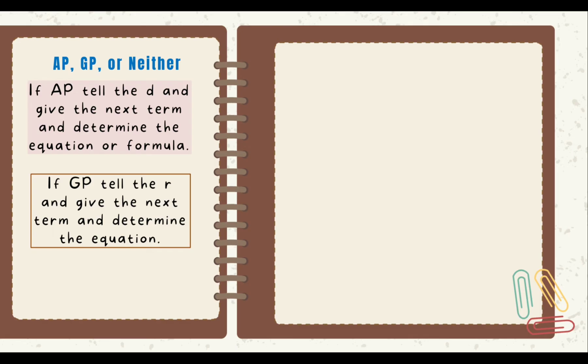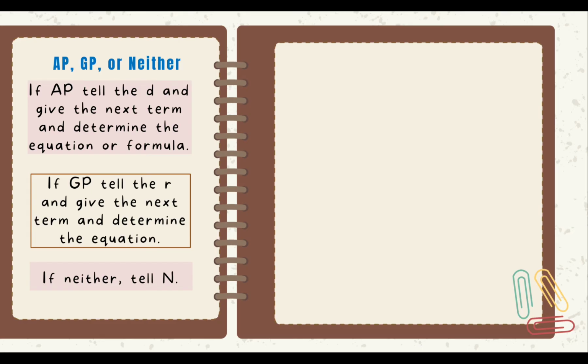You also have to determine the equation that fits the given sequence. If GP, tell the common ratio, give the next term, and also determine the equation that fits the sequence. While if you think that the sequence is neither arithmetic nor geometric, then you tell N.